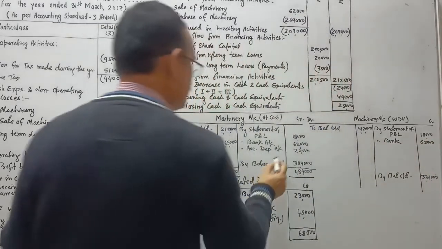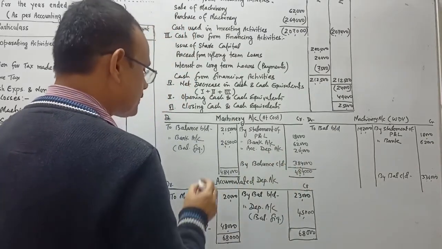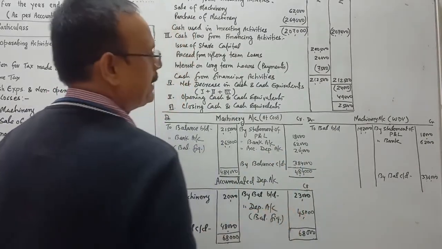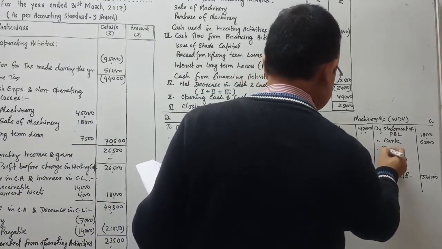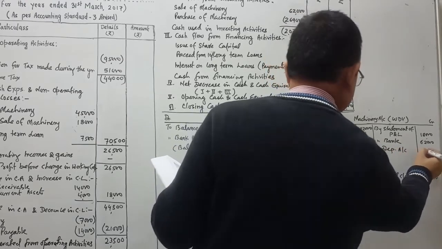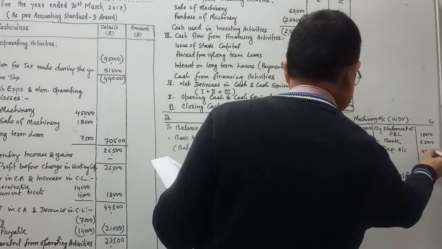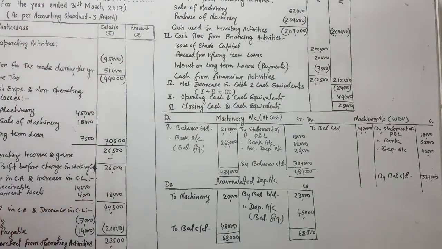Here I am not going to write the accumulated depreciation 20,000. I am going to write the depreciation charge during the year, by depreciation account 45,000. This is the depreciation charged during the year.